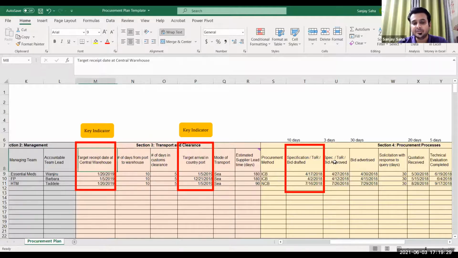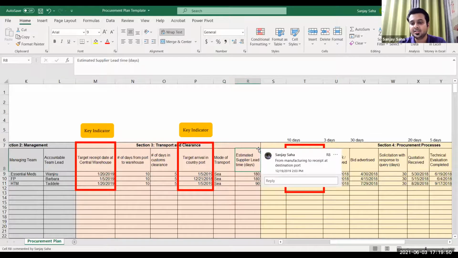Then based on this date and 15 days in between, we should know when the product should arrive in the country port. Then we're talking about what is the mode of transport and what is the estimated supplier lead time. Now supplier lead time is mostly the time taken from manufacturing to receipt at the destination port. This is the manufacturing time.